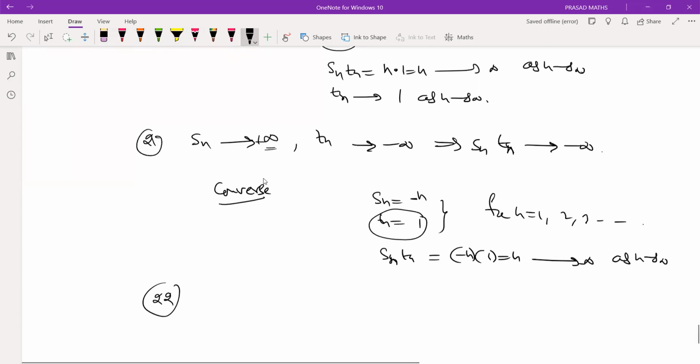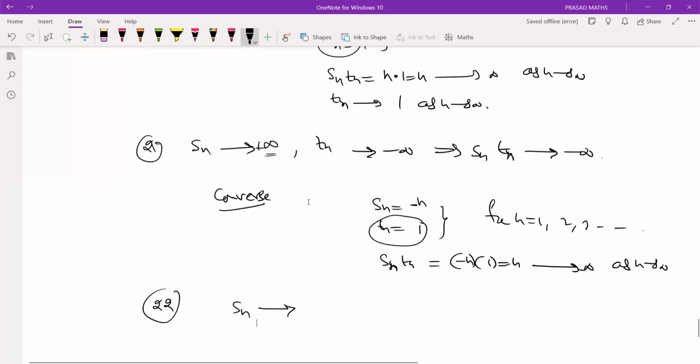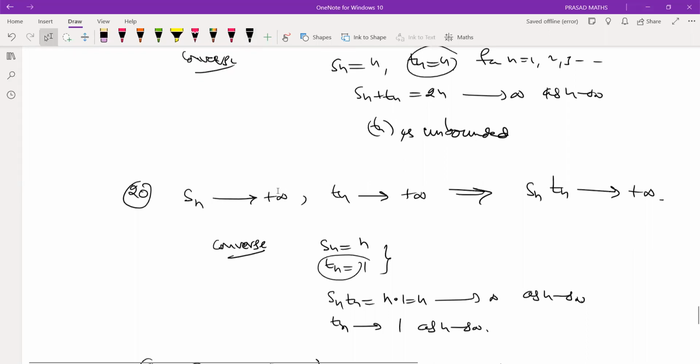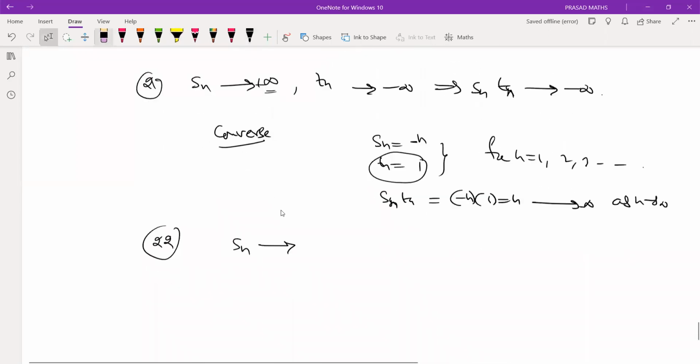All right. Next property. Suppose Sn diverges to minus infinity and Tn diverges to minus infinity. Their product also diverges to plus infinity.